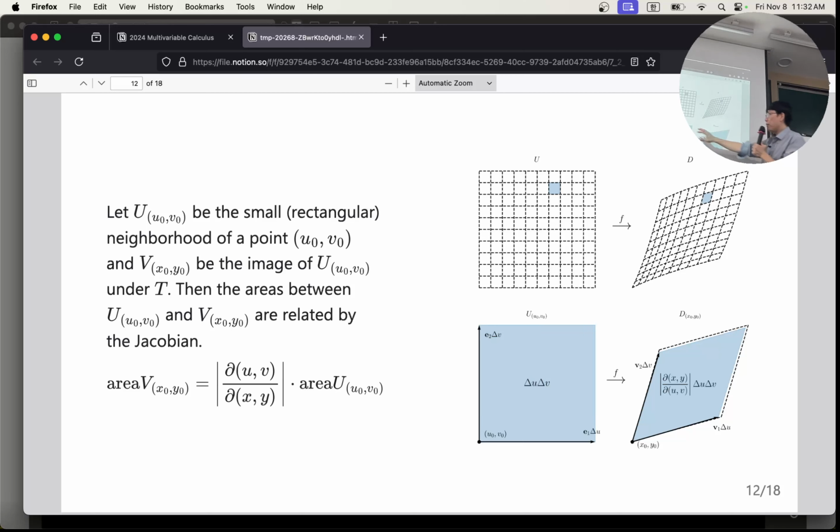Simply, the area of this small part is delta x times delta y. How about the area of this part? Now look at this region. It is not a rectangular region, nor a parallelogram, but we can approximate this somewhat curved region by something similar to a parallelogram, bounded by two vectors, this one and that one.